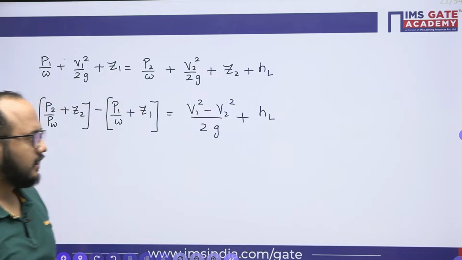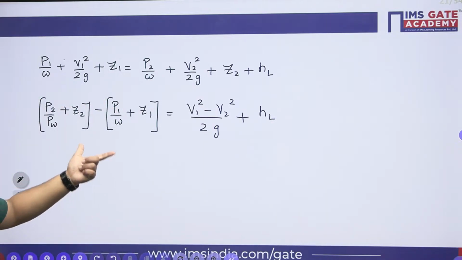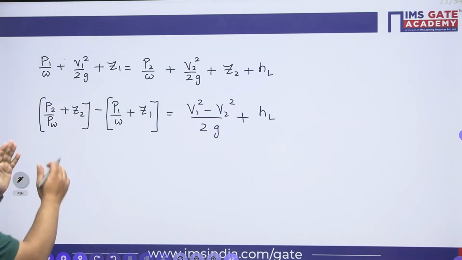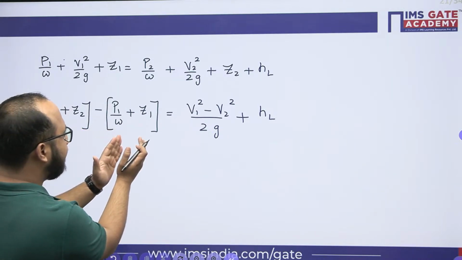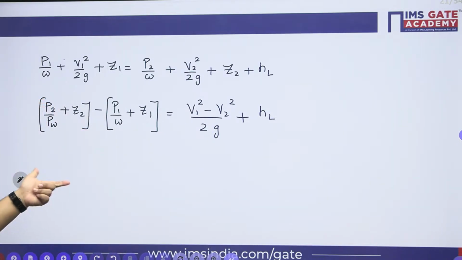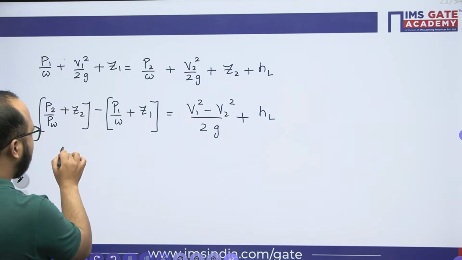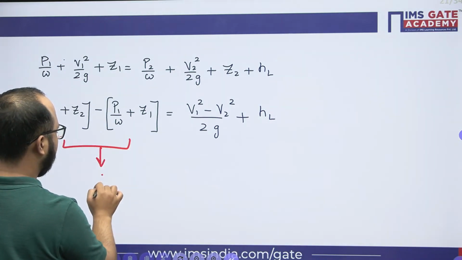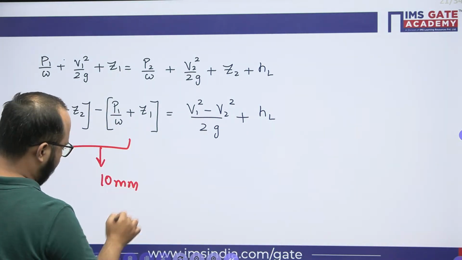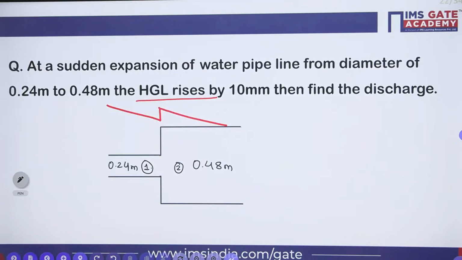This value is the rise of piezometric head, because piezometric head at location 2 will be more than at location 1. Whatever the rise is, this value is given as 10 mm.